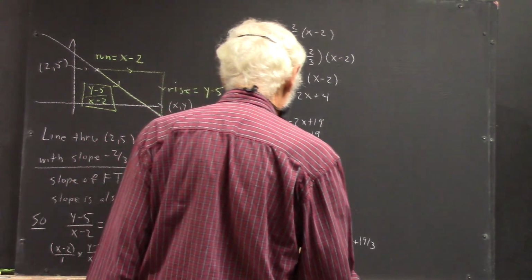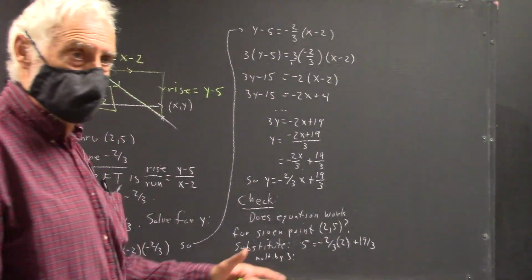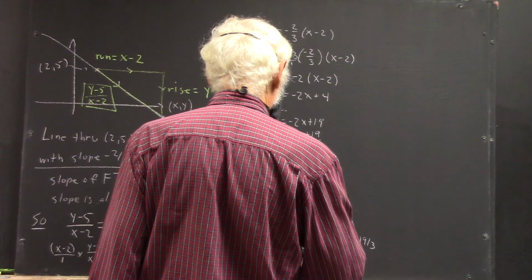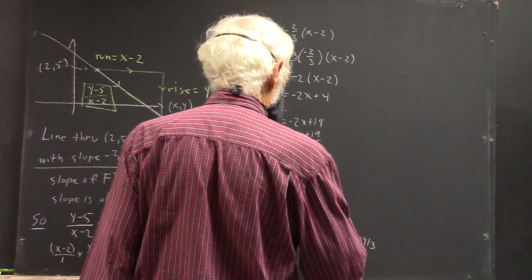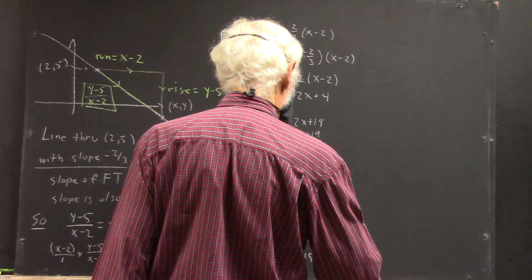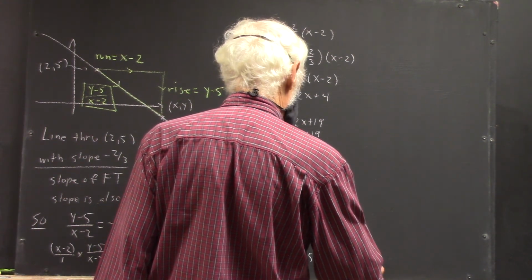When I say multiply by 3, and I'm talking about an equation, I mean multiply both sides by 3. And we get 15 on this side. 3 times negative 2/3 is negative 2. And 3 times 19/3 is 19.